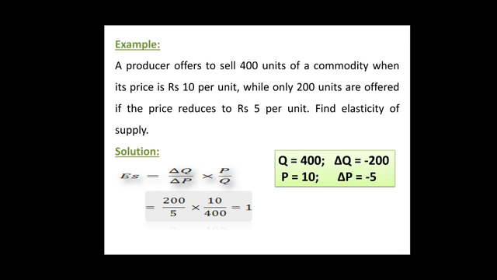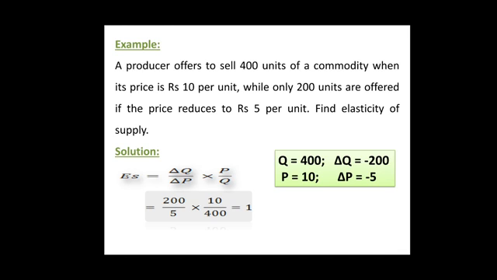That is, when price of that commodity reduces from rupees 10 to rupees 5, quantity supplied of the commodity also decreases from 400 units to 200 units. And we have to find the elasticity of supply. That is, we have to find whether the elasticity of supply is greater than 1, less than 1, equal to 1, equal to 0, or equal to infinite.